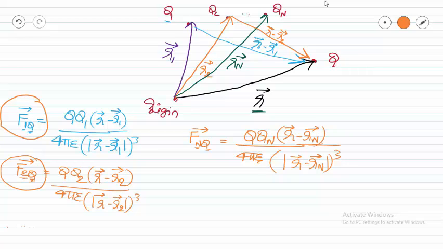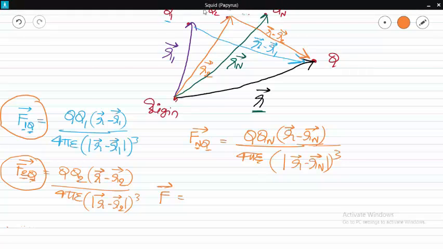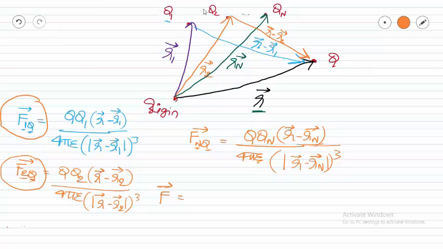Now applying the superposition principle, I will find the final expression for the force acting on Q due to all these n number of point charges. So I will sum all these terms.